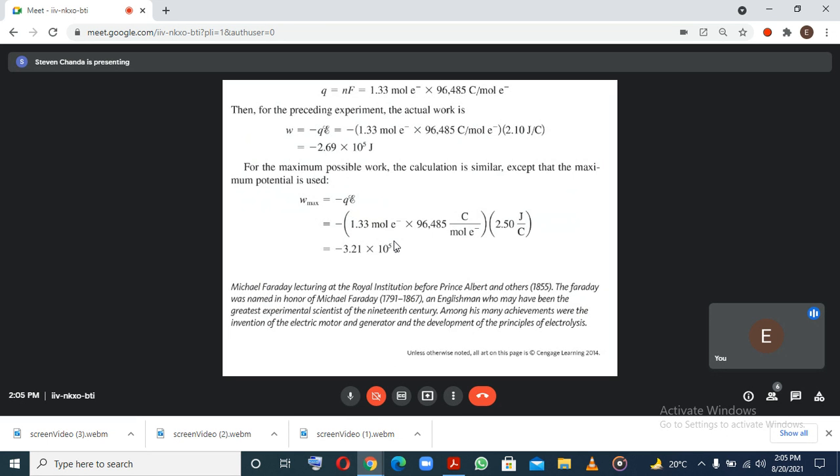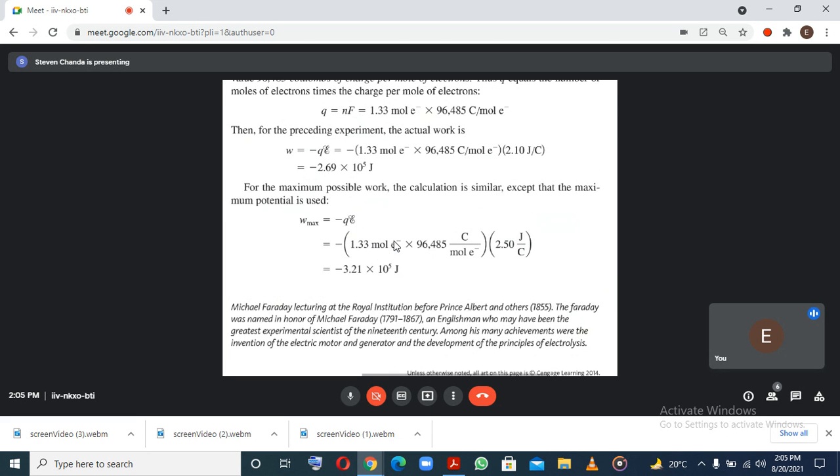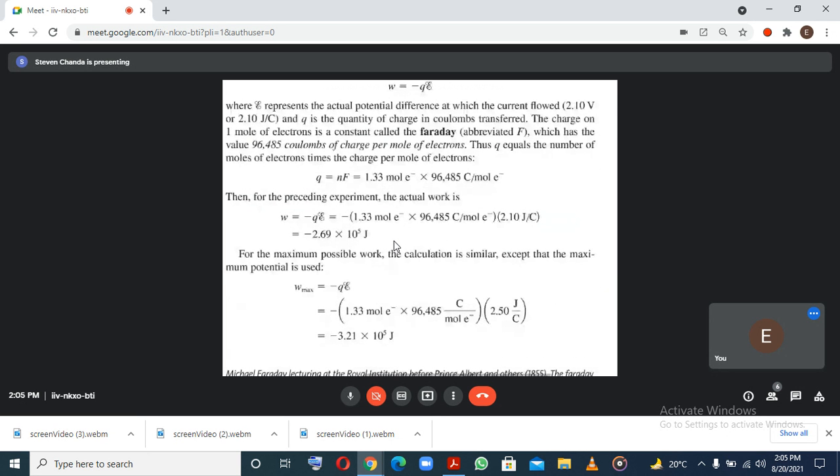So yeah, you see, that's why this particular equation is important. Now remember, we are trying to find the work that this cell can do. So you know the formula for work is W equals minus Q times E. Let's just solve this together.